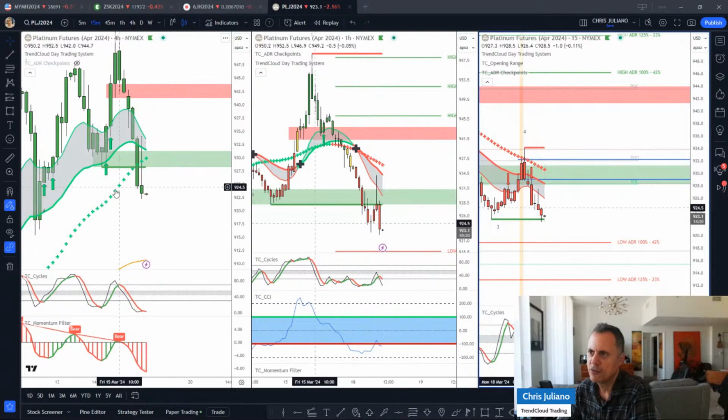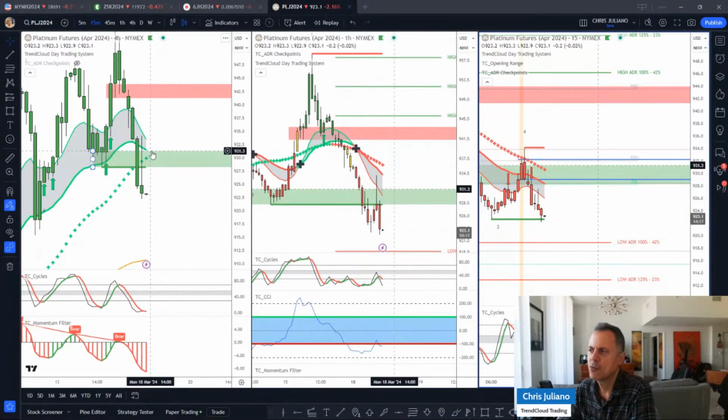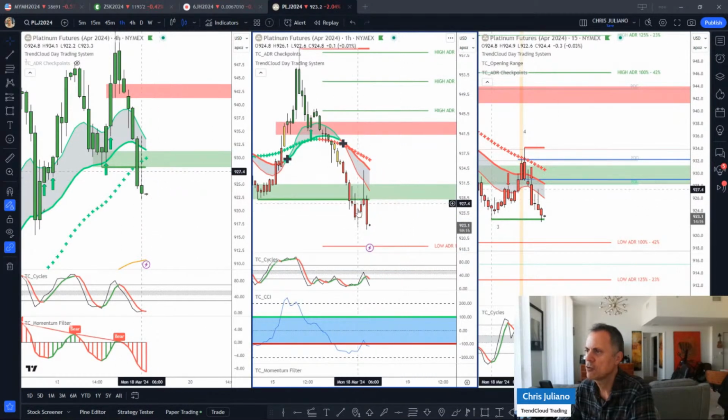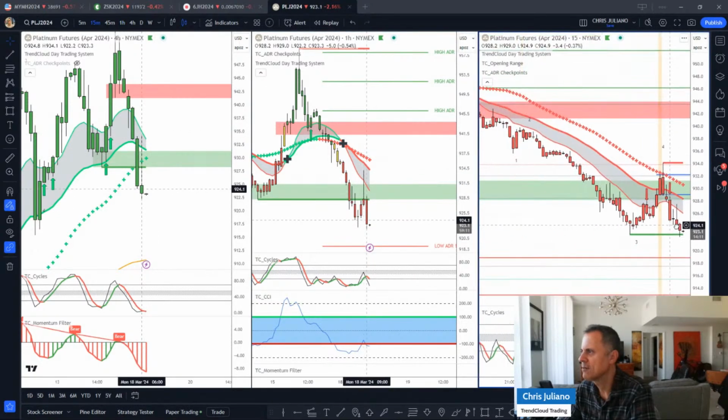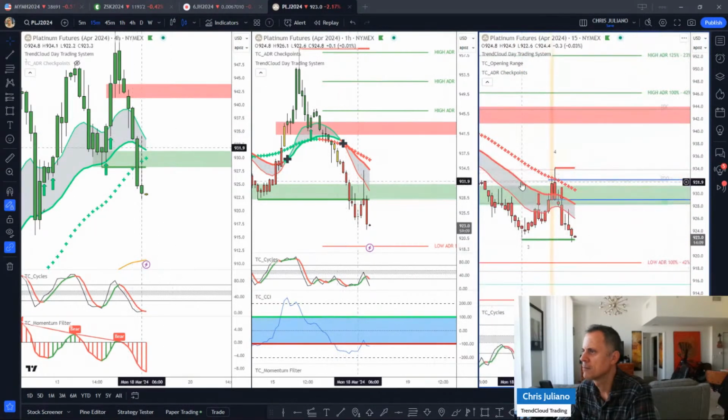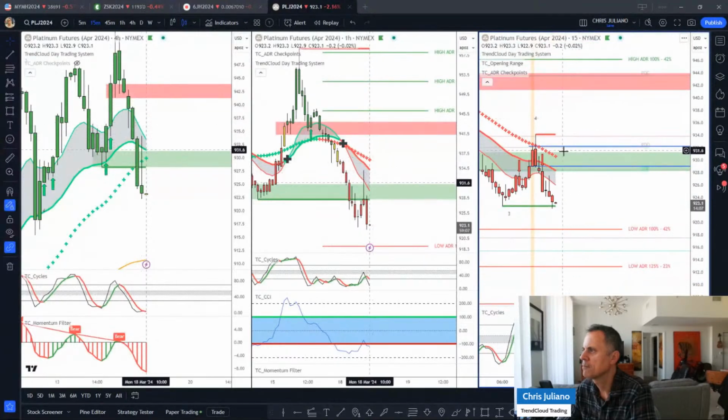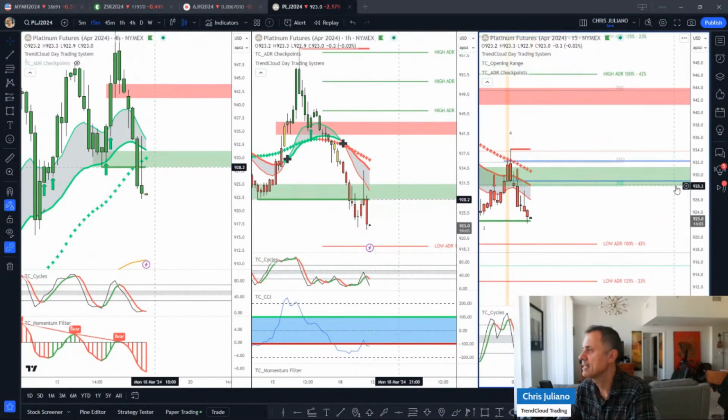Breaking below the 50 simple on the 4-hour chart. Great. Look what this did. Pulled right back into trend cloud and made a move down. Right? Opening range. Let's try to take the retest.